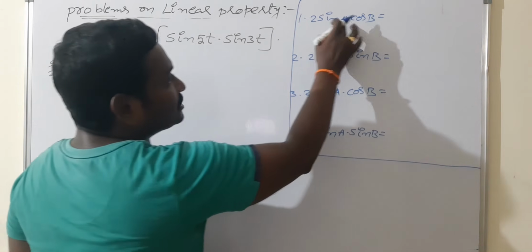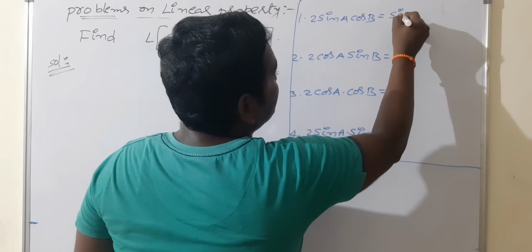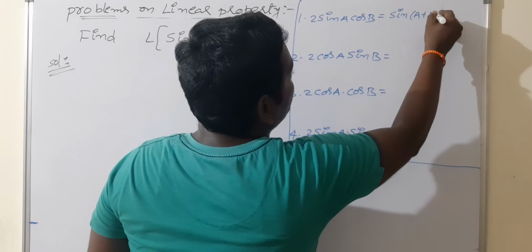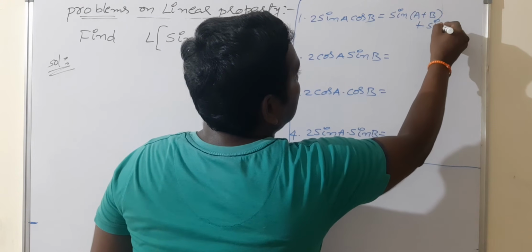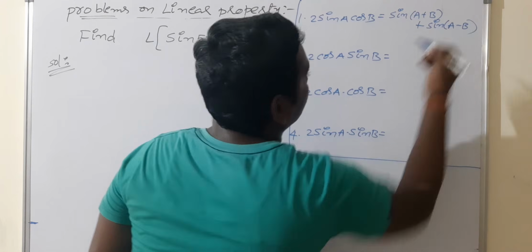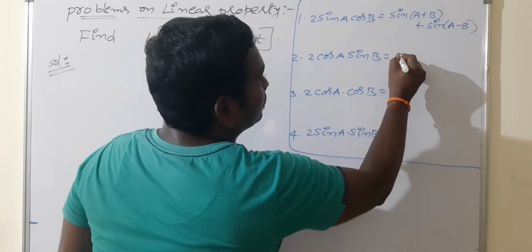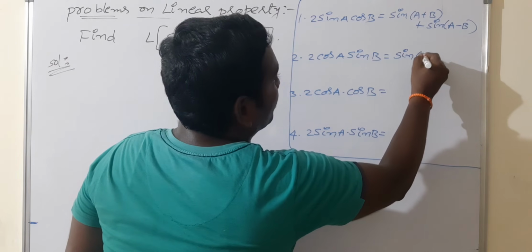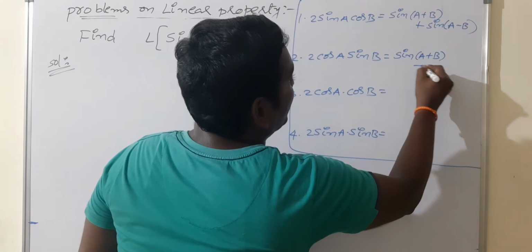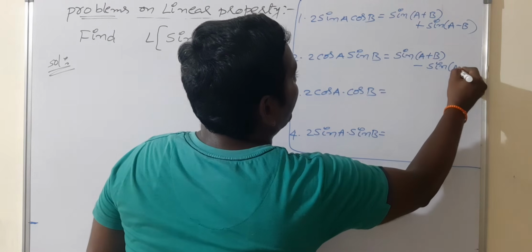What is the 2 sin A cos B formula? Sin of A plus B plus sin of A minus B. Next, 2 cos A sin B: sin of A plus B minus sin of A minus B.